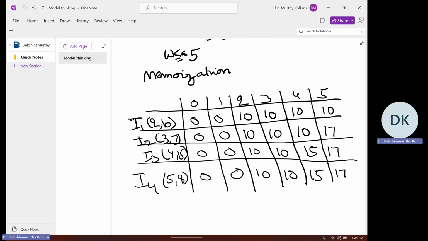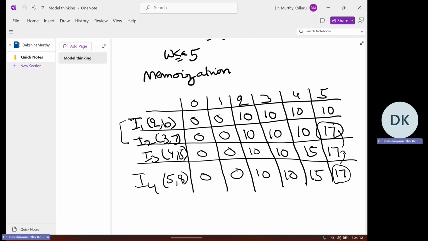Now this is very good, but this is because of this combination. So this is the best combination that allows for the weight restriction of 5 and value of 17. So I will include item 1 and 2. Together they weigh 5 kgs and they give a value of 17.